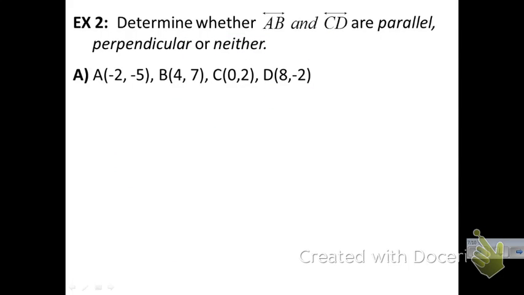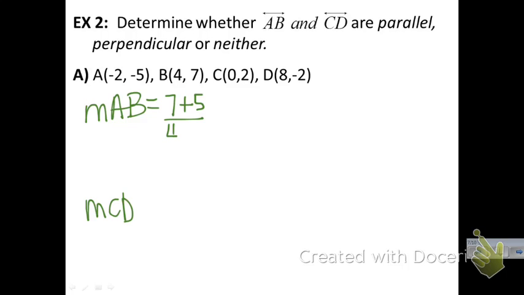On example 2, we're going to determine whether AB and CD are parallel, perpendicular, or neither. To determine this, we have to find the slope of the two lines. So the slope of AB, we're going to take 7 minus a -5, plus 5, over 4 minus a -2, plus 2. That gives us 12 over 6, which reduces to 2.